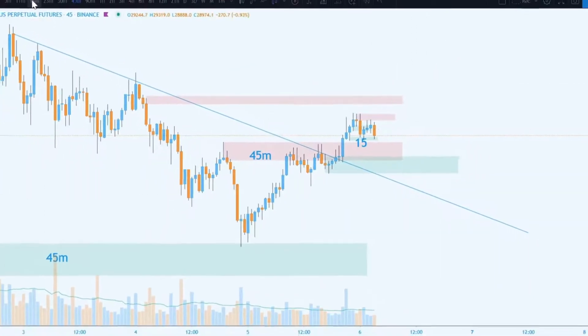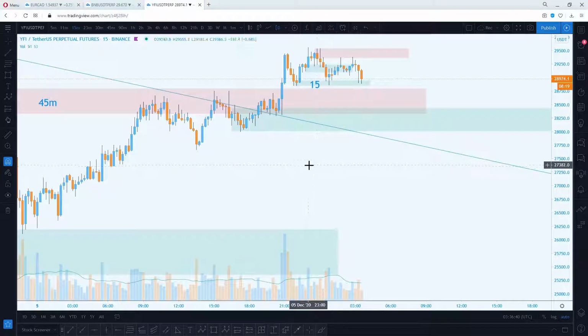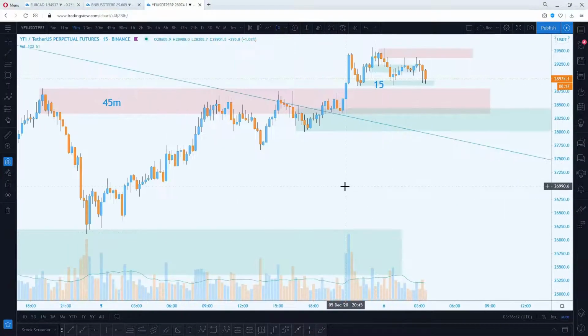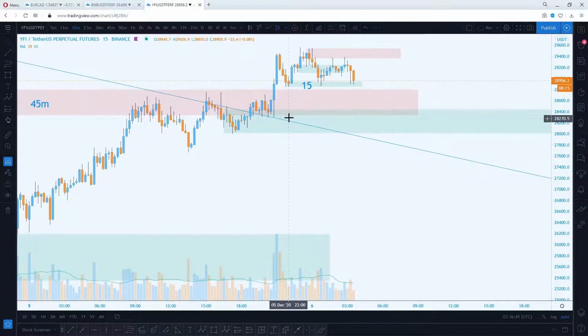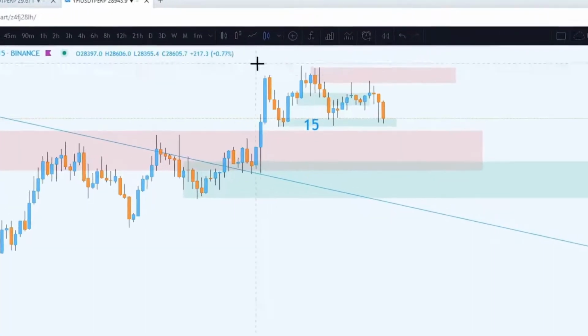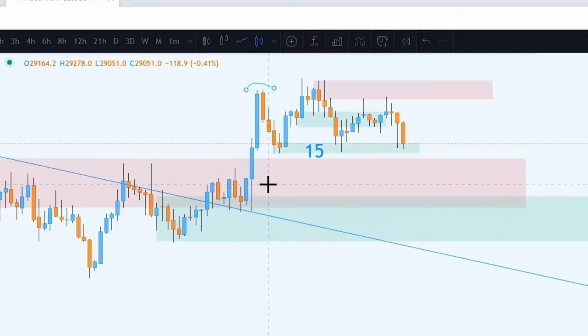Then I also looked on the 15 minutes and I saw some interesting zone on the 15 minutes. So what I saw on the 15 minutes was this side, then I saw this movement. Let me remove that quickly and let me use this.